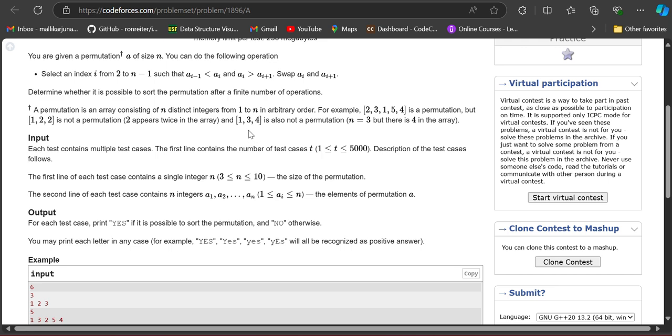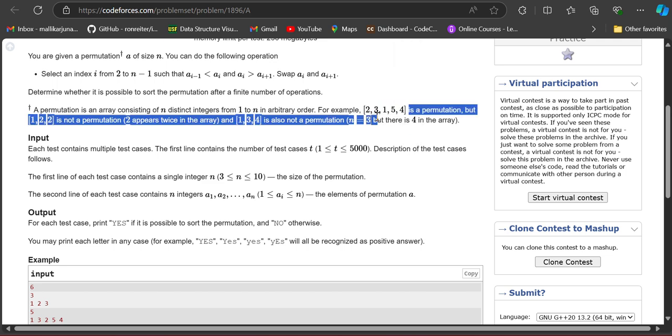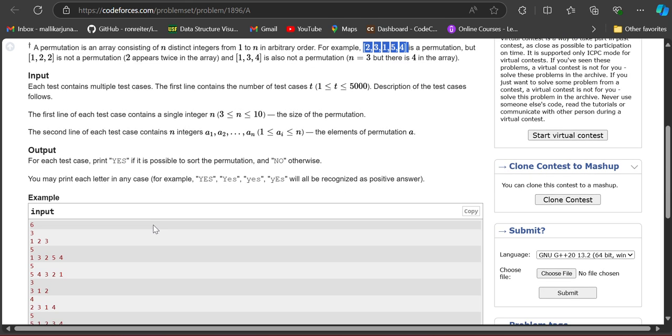I think you got it. If the highest element is not equal to the length of the list, then it's not a permutation. See here, the highest element is 5 and the length of the list is 5, so it's a permutation. Okay, I got that one.